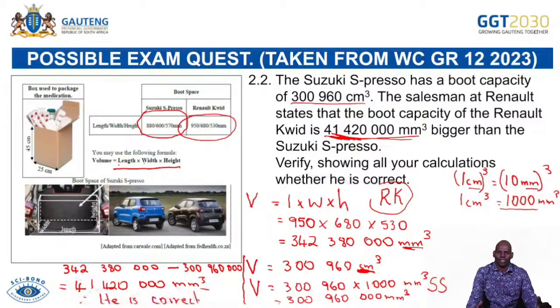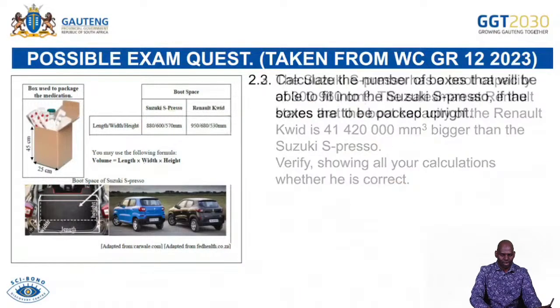He was not just advertising the car, but his mathematics in terms of capacity was based on facts. Okay, that is the question.